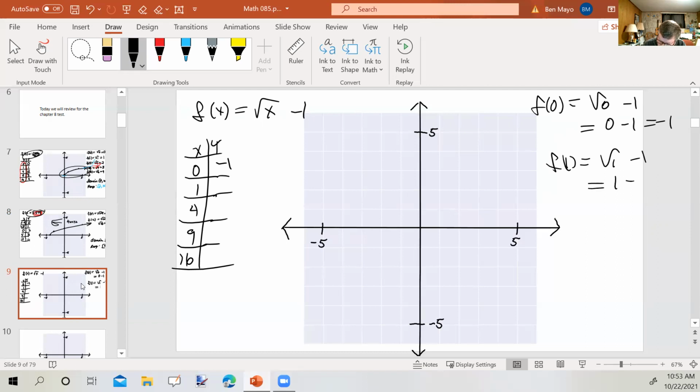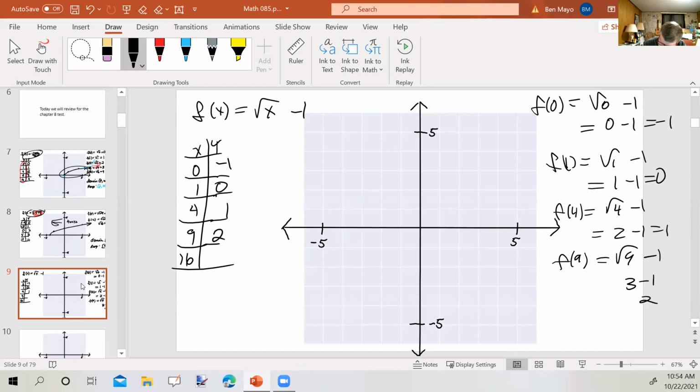The square root of 1 is 1, and 1 minus 1 is 0. f of 4 is the square root of 4 minus 1, which is 2 minus 1, or 1. f of 9 is the square root of 9 minus 1, which is 3 minus 1, or 2. And f of 16 is the square root of 16 minus 1. 4 minus 1 is 3.